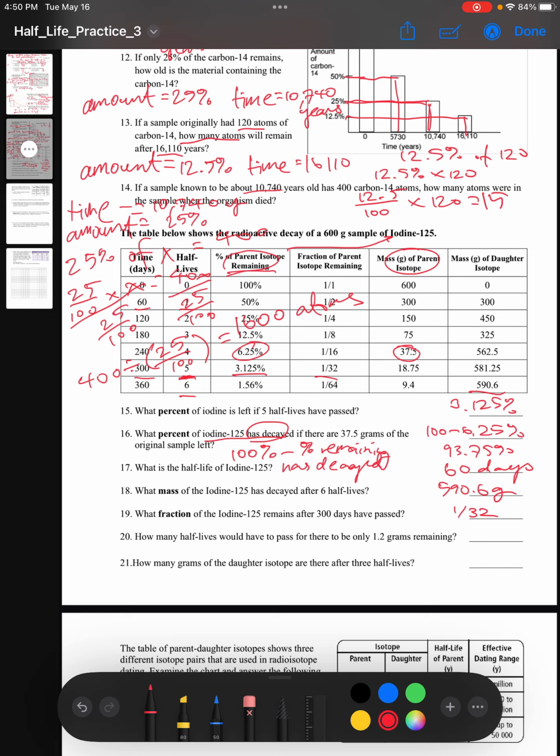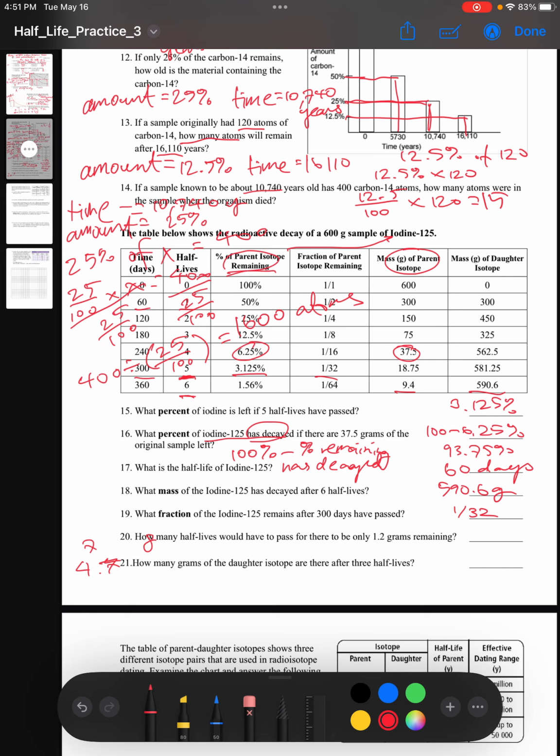How many half-lives would have to pass for there to be only 1.2 grams remaining? After 6 half-lives, there's 9.4. So after 7 half-lives, there is 9.4 divided by 2. That's 4.7. After 8 half-lives, that's 4.7 divided by 2.